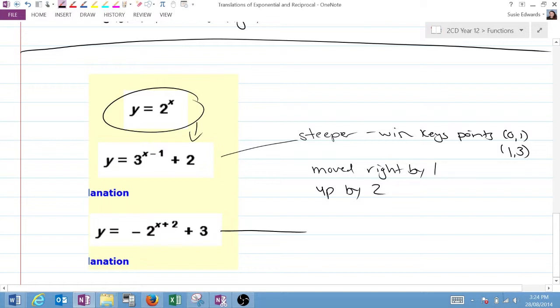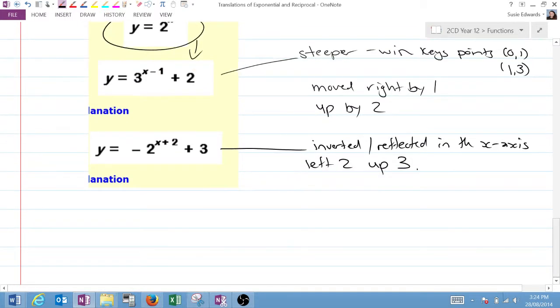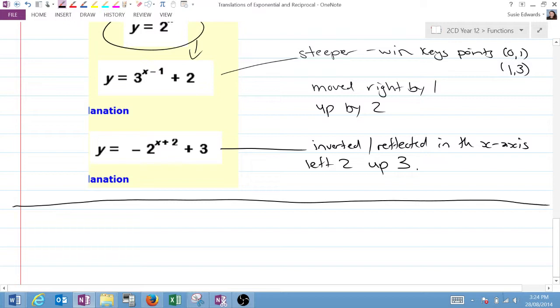For this one, you'd say it's inverted or reflected in the x-axis. Then it's moved to the left by 2 and up by 3. If you're having trouble with that, make sure you write it into your journal. You can pause this at any time.